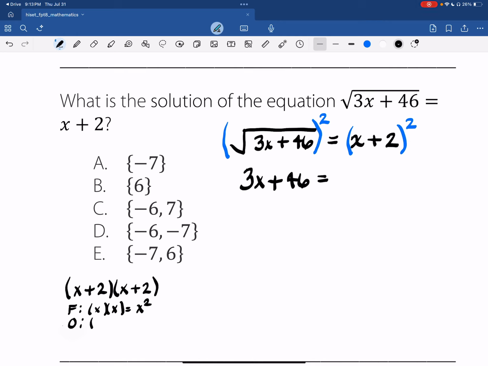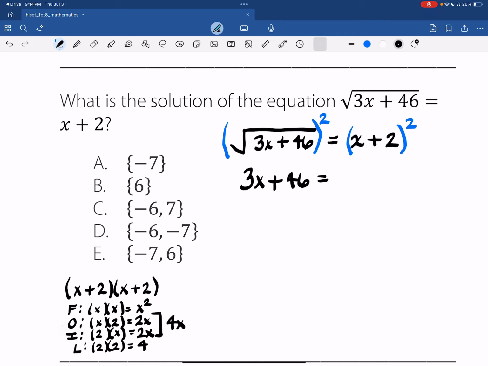Outside would be x times positive 2, or 2x. Inside would be positive 2 times x, or 2x. And those terms get combined to 4x. And then the last terms are 2 times 2, which is positive 4.